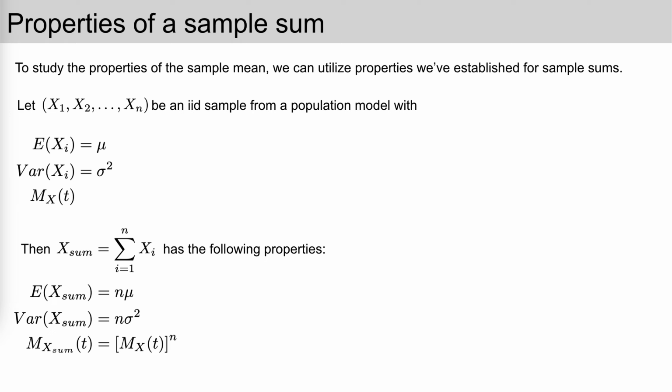The expected sum is n times the expected value of the individual outcomes mu. The variance in the sum from sample to sample is n times the variance of the individual outcomes sigma squared. And the MGF of the sum is the MGF of the individual outcomes raised to the nth power.